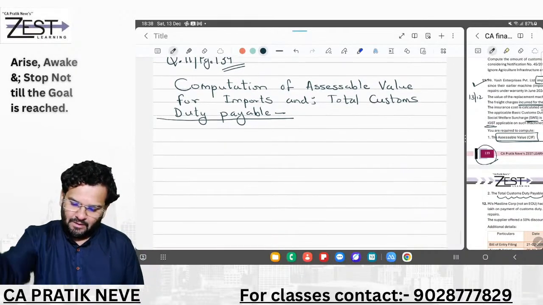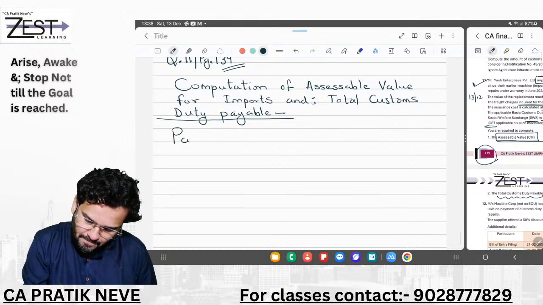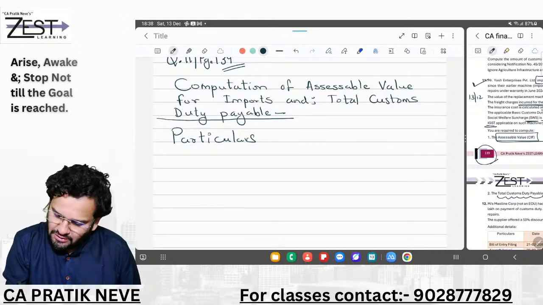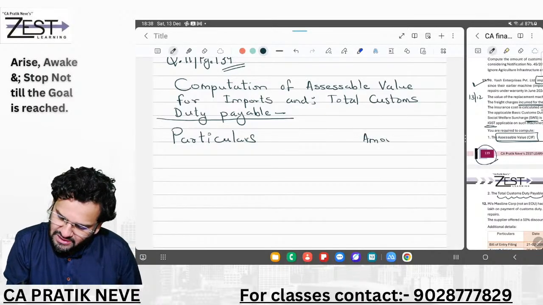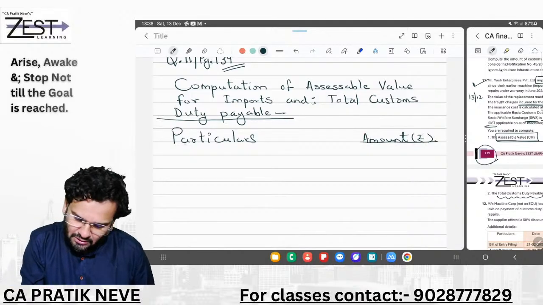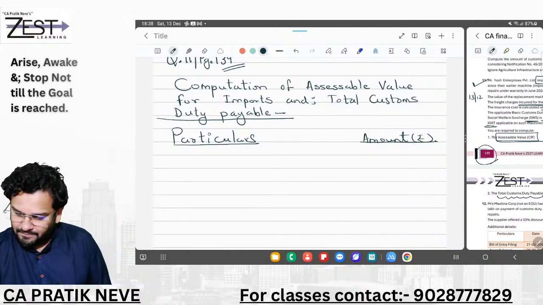Okay. Particulars. Here from the beginning, everything is in rupees only. There is no foreign currency involved. So directly I can say amount in terms of rupees.